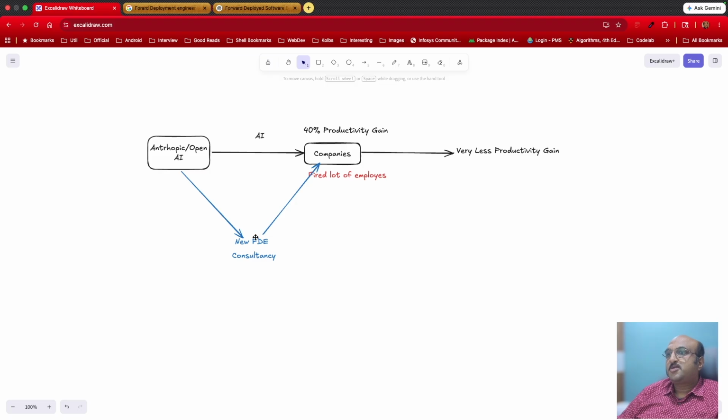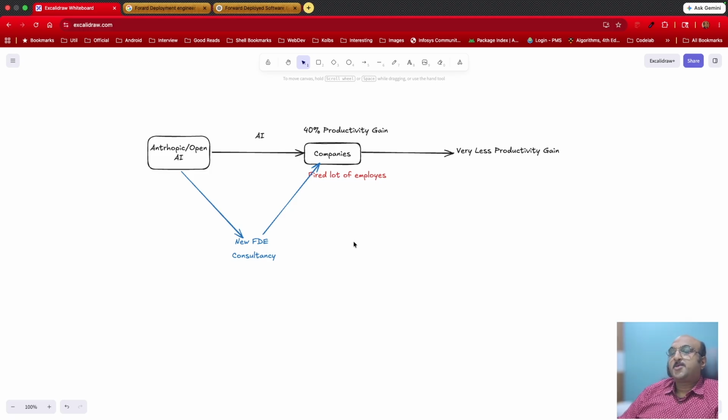But when these FDEs come and work in these companies, they gain a lot of field intelligence. They understand how the industry works, how the workflows work in that particular industry, what the repeatable workflows are, what the bottlenecks are, and where to invest more of their time.